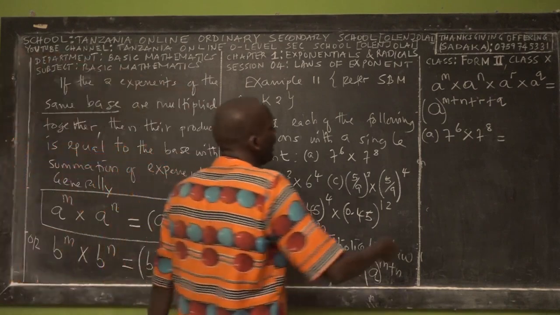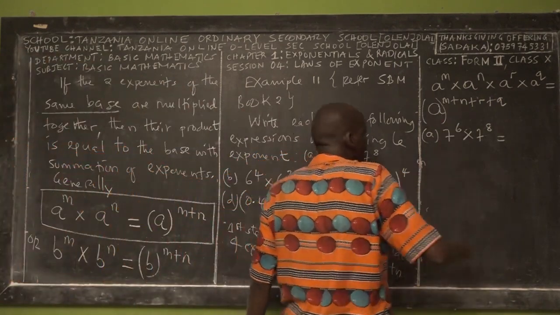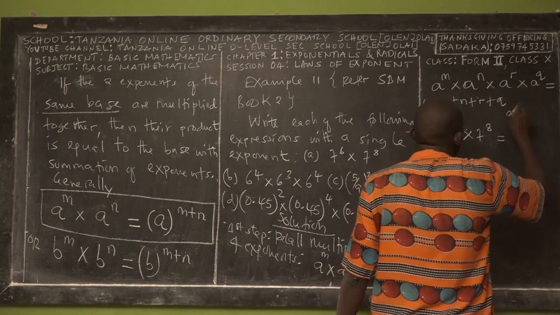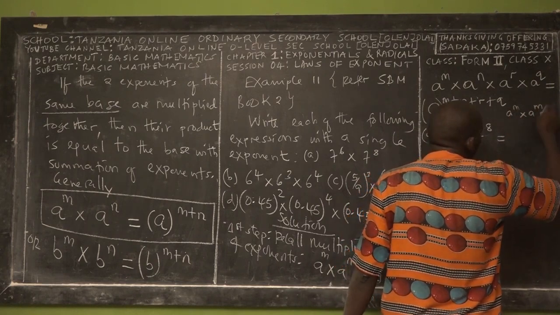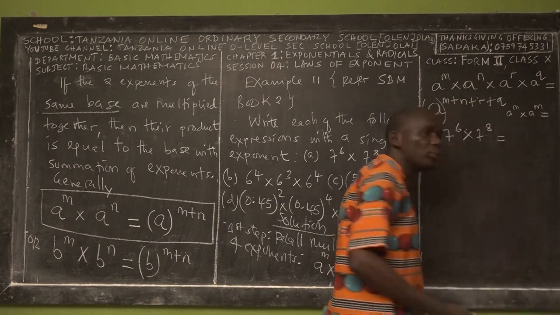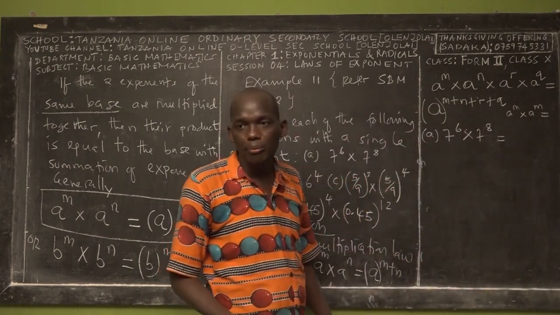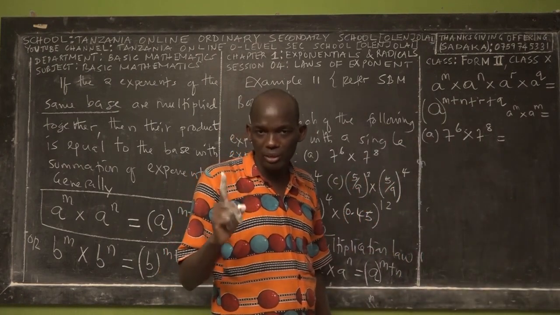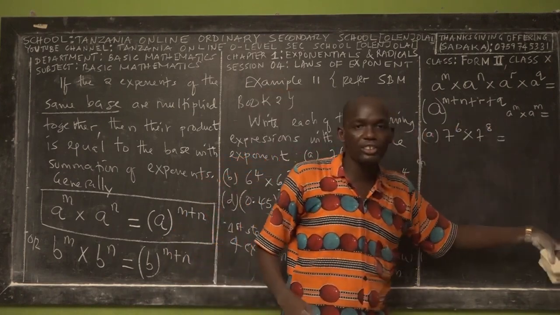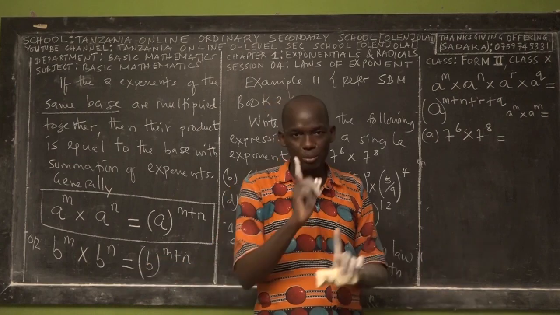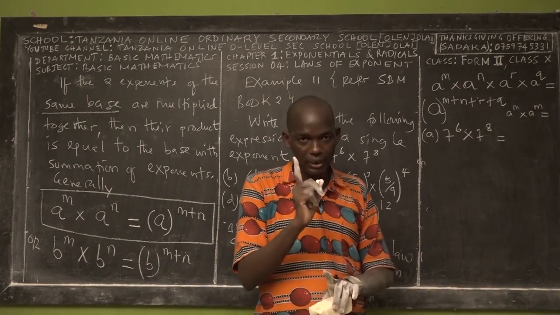Let me repeat. For example, I can have a power m times a power m. It can be the same exponent, but the base should also be the same. It can have either the same exponent or different exponents, but the base should be the same. You get my point?